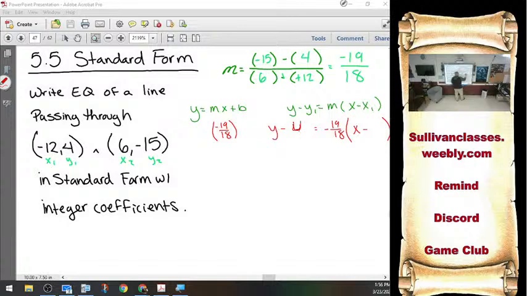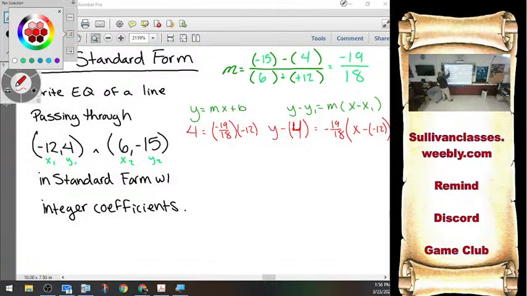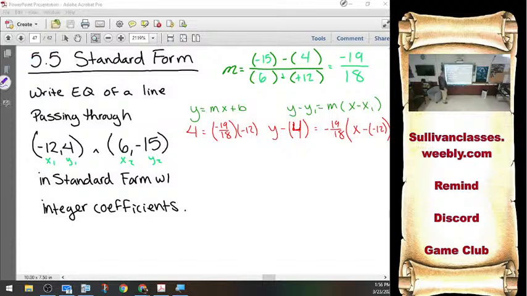So I'll put in a 4 here and a negative 12 here. The reason I'm doing it two different ways is because you could have done it two different ways. Either one of those. Here, I'll reduce.